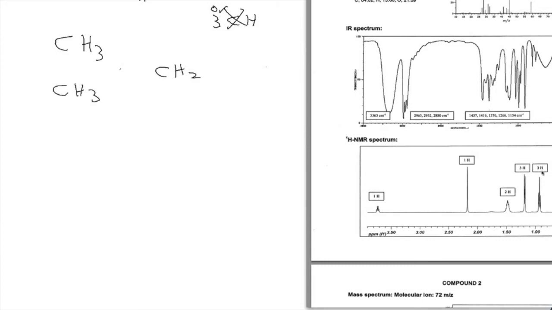Maybe going back to this over here, this has pretty clear splitting, I think. So how many hydrogens are on the carbon that's adjacent to this? Would you call this a singlet, a doublet, or a triplet? That's a triplet, so it's going to have 2 hydrogens on the adjacent carbon.